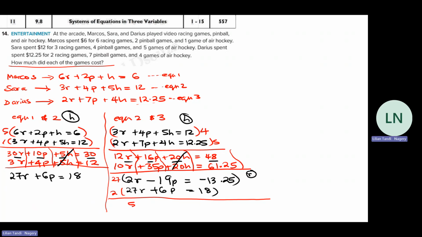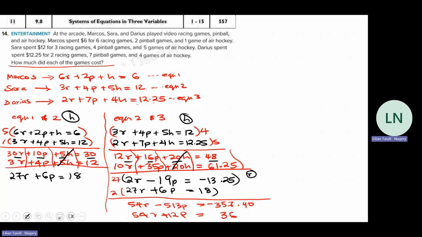I should get 54R minus 513P equals negative 357.75. And then I should get 54R plus 12P equals 36.